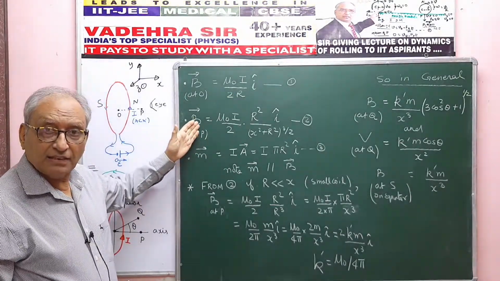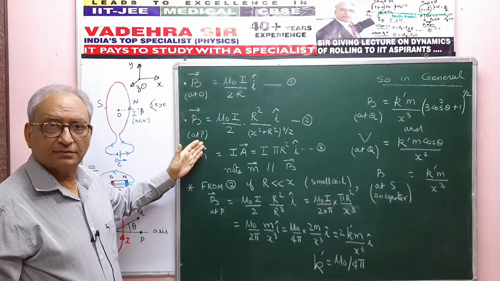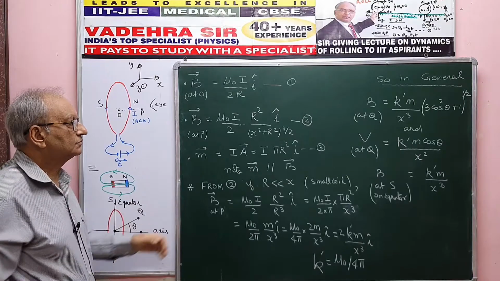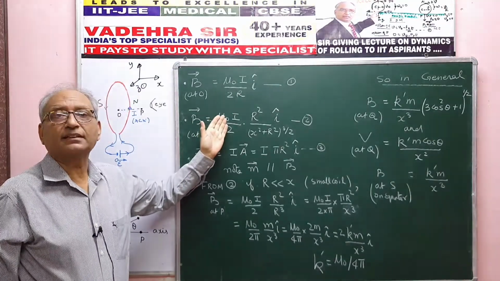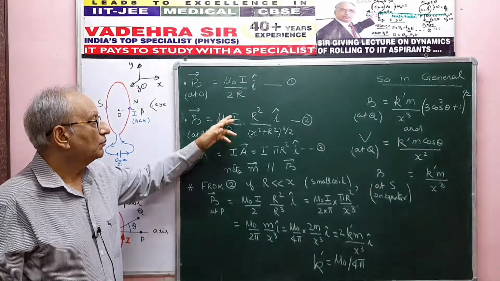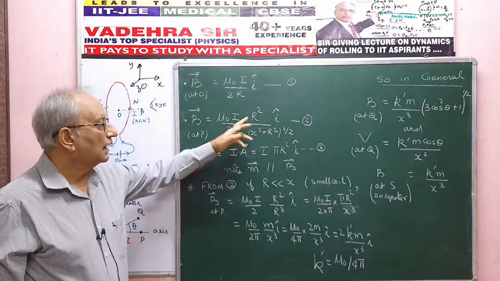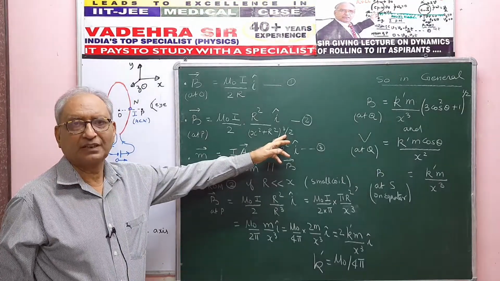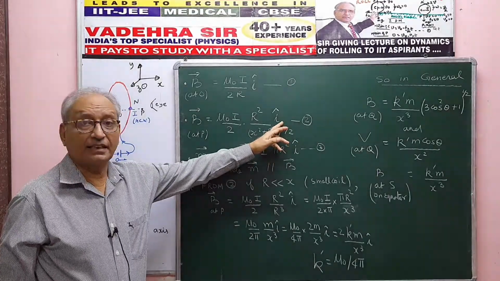The magnetic field at a point P on the axis of the coil, we have proved using the Biot-Savart law, is mu naught I R square by 2 times (x square plus R square) to the power 3 by 2. And the direction once again is i cap.